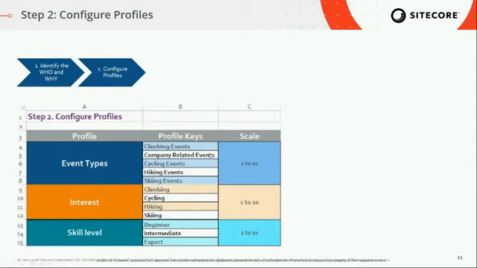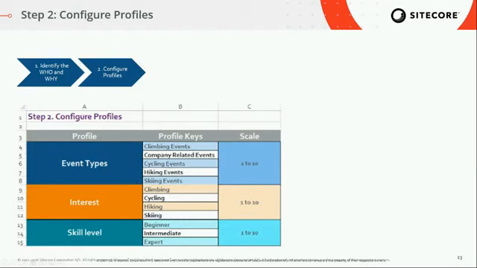All right, column B, profile keys. Profile keys equals attributes. So write that down. Profile keys equals attributes. So attributes of a profile of an event type. Well, we have 5 different types of events: climbing, company-related, cycling, hiking, skiing.